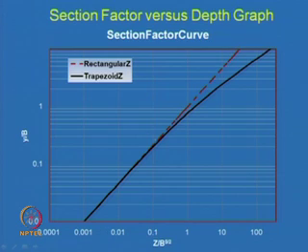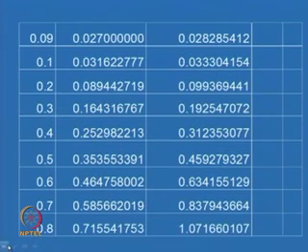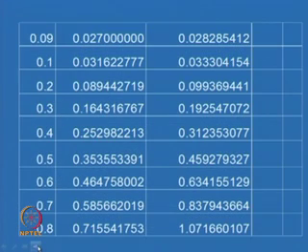You can take that y by b value and try to evaluate the depth of critical flow. You can use the same tabular form which we had developed. This is the tabular form of y by b for the rectangular channel, and you can see that this 0.194 value lies somewhere in between 0.3 and 0.4.